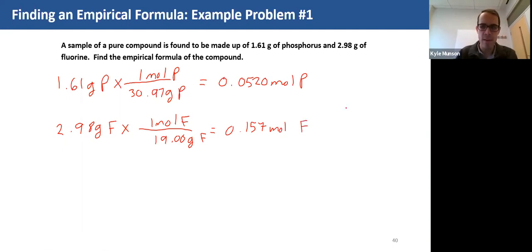And now the next step is I have to find the ratio here. And this is what you're going to do. You always divide by the smallest number. Always divide by the smallest number, meaning I'm going to do this.